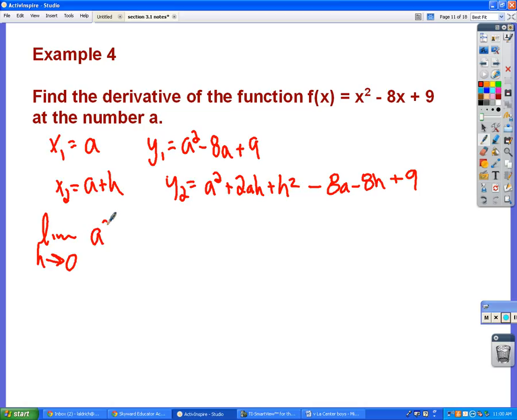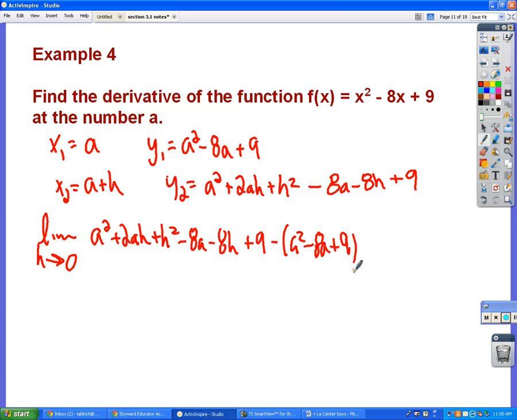So y2 is a squared plus 2ah plus h squared minus 8a minus 8h plus 9, minus the quantity a squared minus 8a plus 9. Why did you change it? So we're using the h one. We're using h approaches 0.